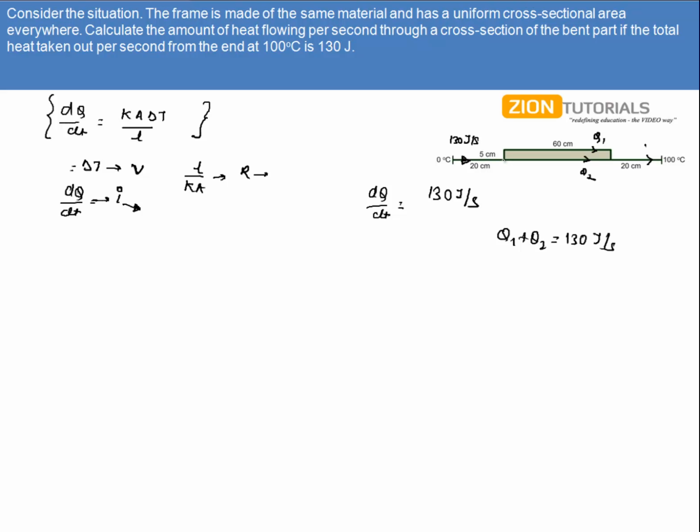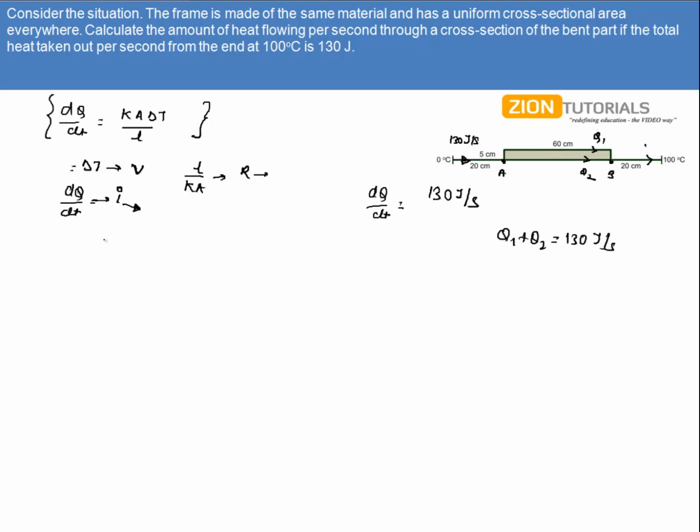Now the thing is that at point A and point B, we know that the thermal potential difference between point A and B is the same, so I can write that the thermal resistance of this part into the current flowing through this part will be equal to the thermal resistance of this part into the current flowing from this part.